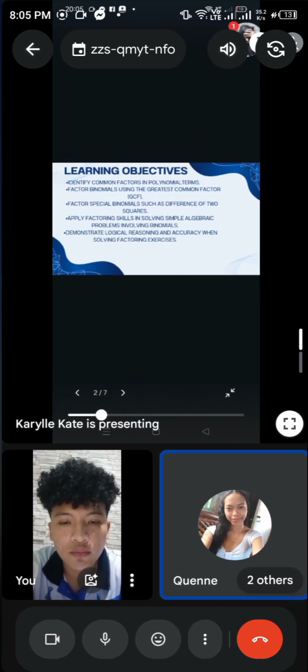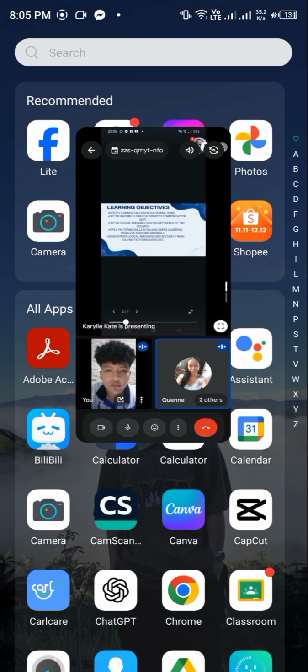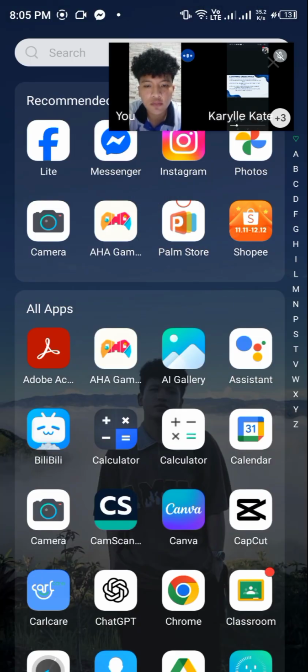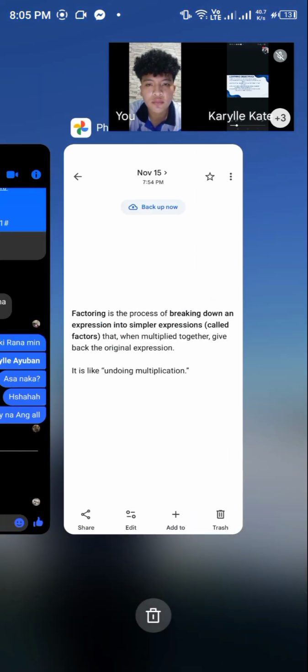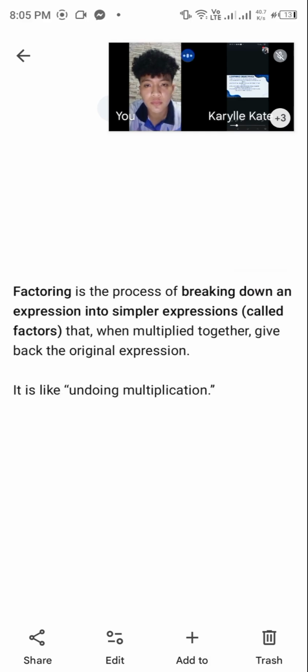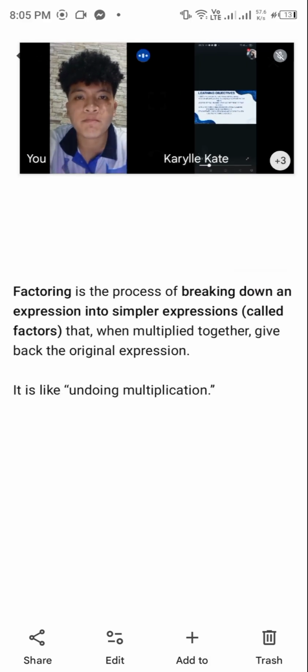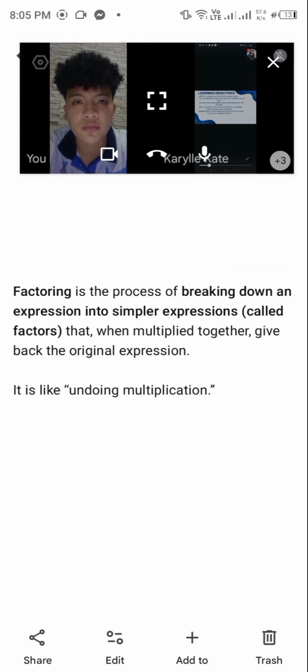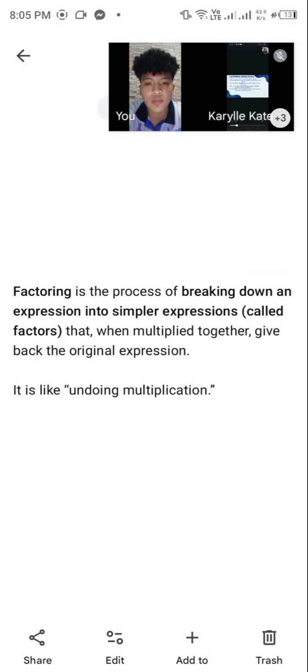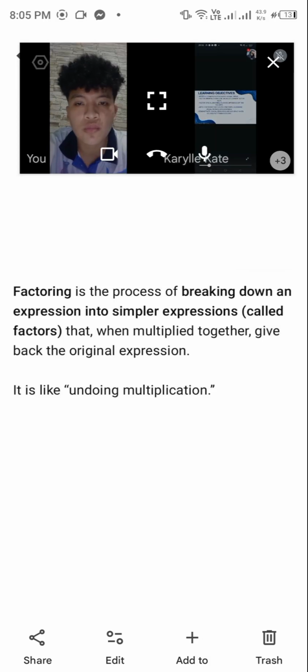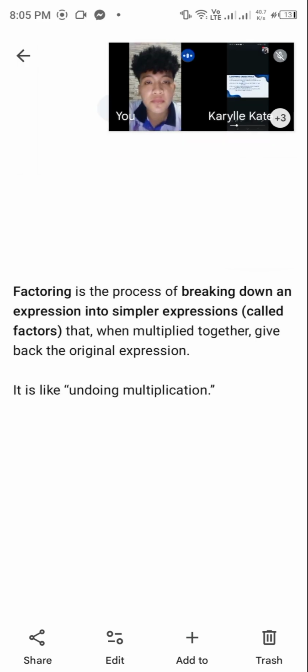Factor algebra... reasoning and accuracy when solving factoring exercises. Okay, thank you, Miss Queenie. Next slide, please.